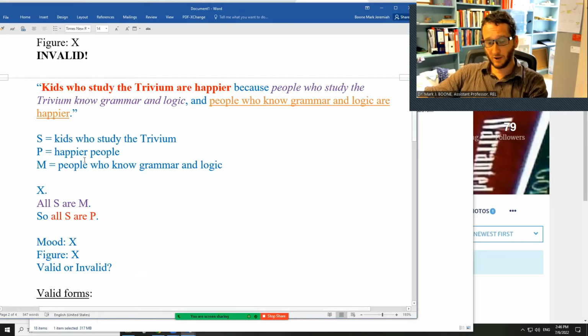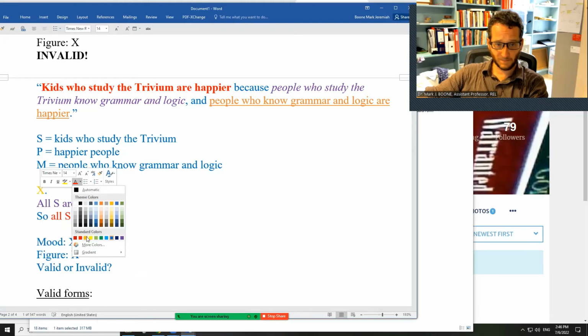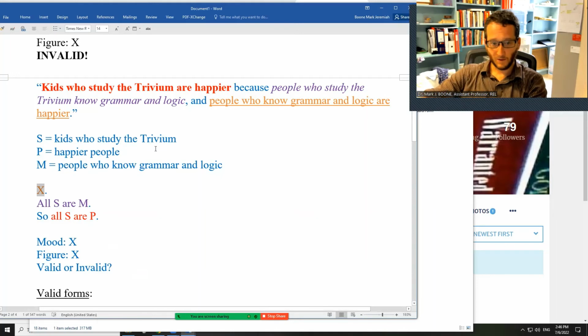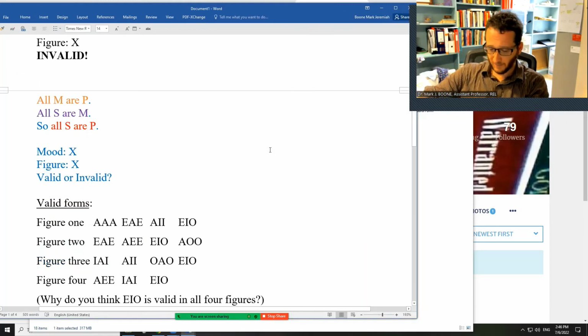Our minor premise is all S are M, all kids who study the trivium are people who know grammar and logic. And then our major premise is going to be all M are P. All people who know grammar and logic are happier people. So now, there we go. And now we can just take all of this and ignore it. Don't delete it like I'm doing here.